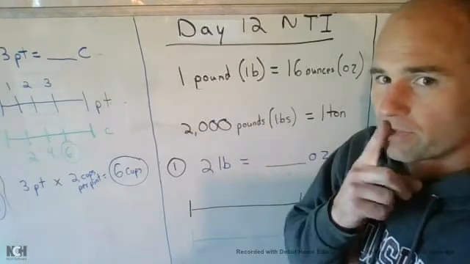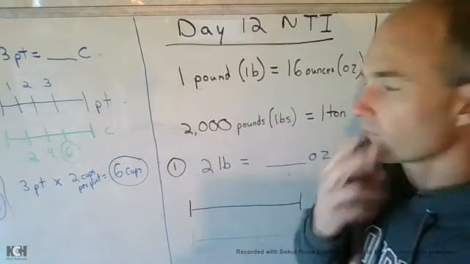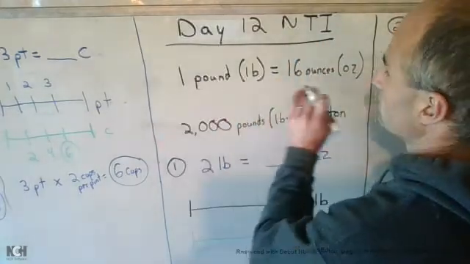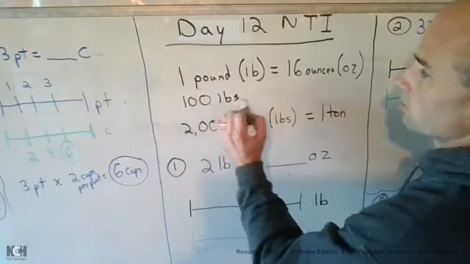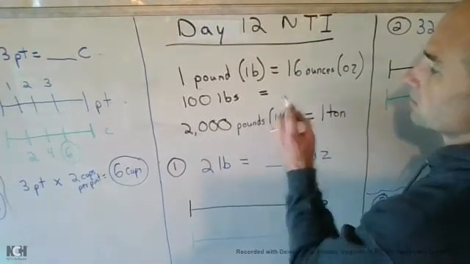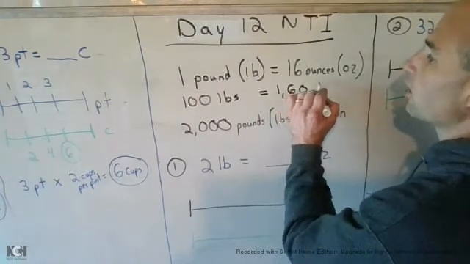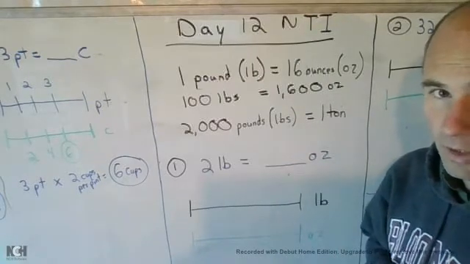Nope. Let's think about that again. If 1 pound equals 16 ounces, 100 pounds would equal, that's right, 1,600 ounces.